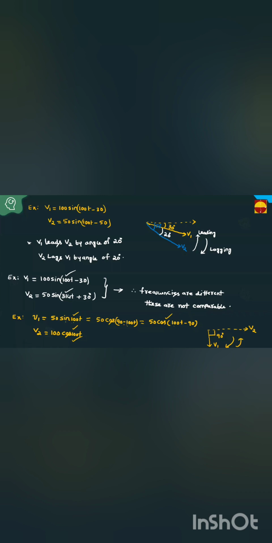Now let's see some important observations with respect to the sinusoidal waveform. I have already explained the importance of sinusoids, but there are some important observations that I will write. All these are the fundamental points with respect to AC analysis. Let's consider a sine wave.